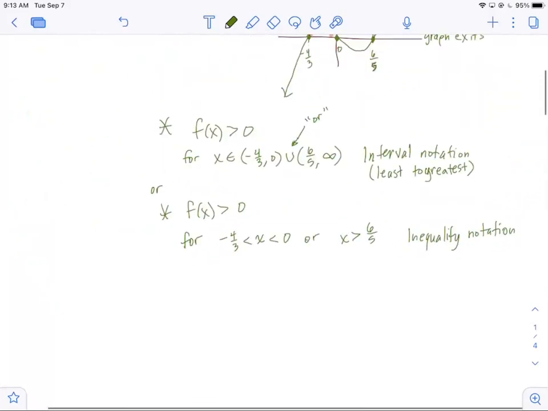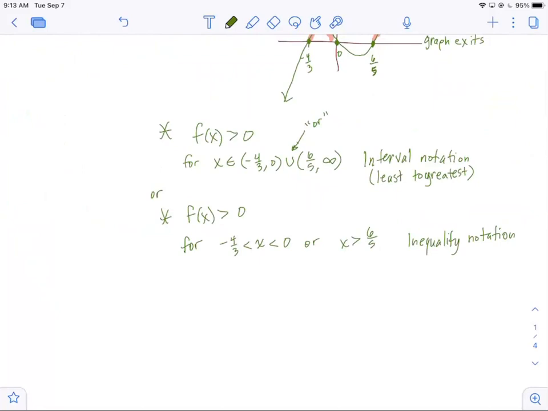We typically really only use it with the interval notation. Now, I don't care which notation you end up using, like if you're writing it on a short answer or a free response, but I'll use either one depending on what I feel like when I'm doing a multiple choice question. So you need to be able to read both of them. Okay.